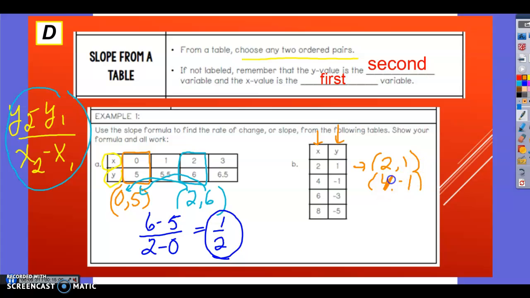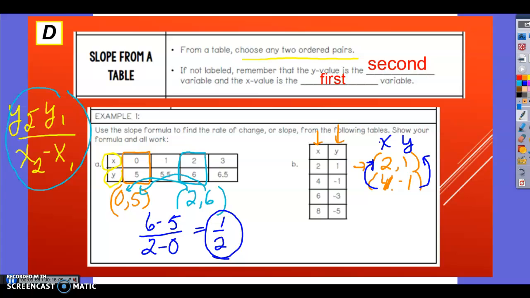I highly recommend rewriting these off to the side. Now we're going to apply our slope formula. Remember, x's come first, y comes second. So we're going to have y minus y. I'm going to go from the bottom to the top. I have to be consistent. If I do bottom to the top when I subtract my y's, I have to do bottom to the top when I subtract my x's.